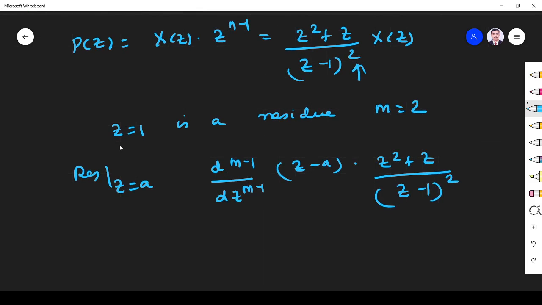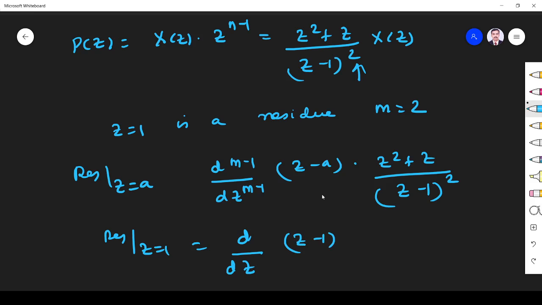So a is 1 here. So residue at z is equal to 1, m is equal to 2, so d power 2 minus 1 by dz, a is 1, so z minus 1. Right?